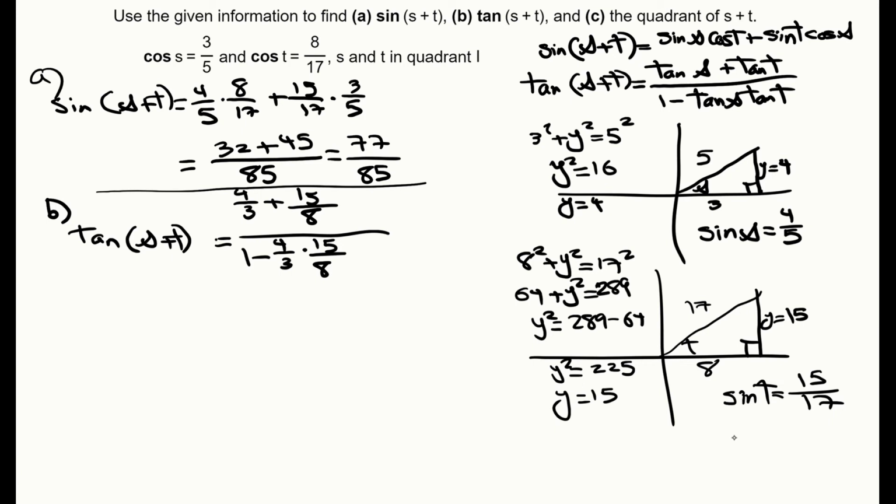Okay, so let me see here. We can go ahead and reduce a little bit to make life easier. That's going to leave us a 2 here.